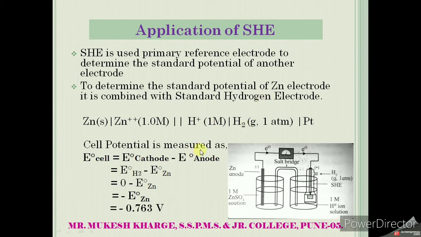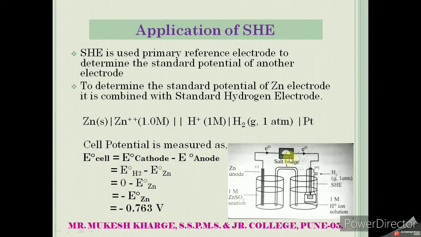And how will you calculate the EMF? That is the cell potential, E cell is equal to E0 cathode minus E0 anode. So standard hydrogen electrode potential minus potential of that zinc electrode to be determined. So the EMF of SHE is 0 minus E0 of zinc, and it is nothing but minus E0 of Zn.